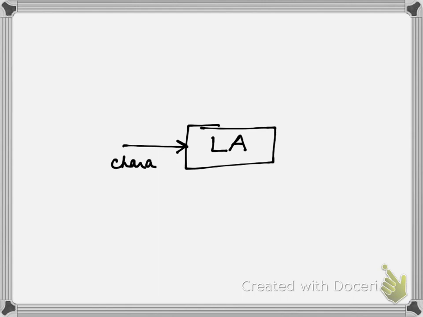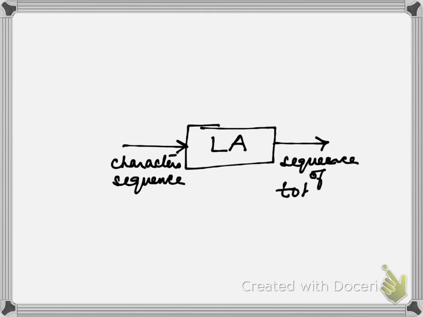So what we already know is that the lexical analysis phase takes as input a sequence of characters, and as output it provides a sequence of something known as tokens.